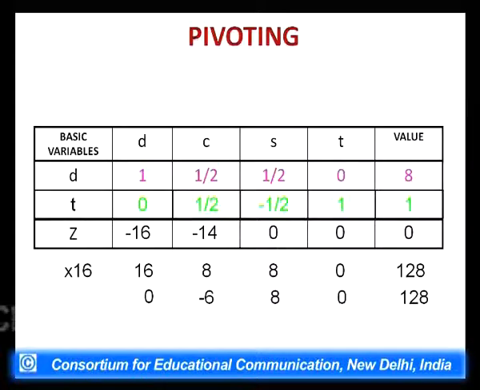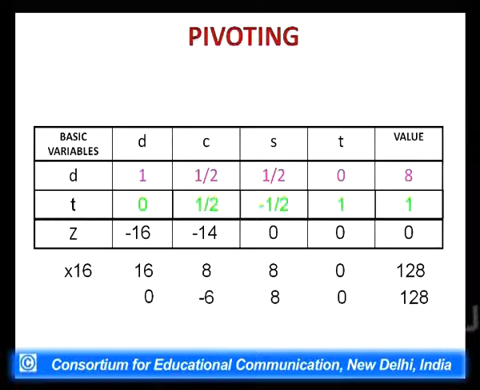The third row is minus 16, minus 14, 0, 0, 0, and the first row has already been written with the pivot divided by the pivot value, and all the changed values are written. So how can this be achieved? If we multiply the first row values by 16 and add them to the final third row which contains Z, we'll have the figures as shown.